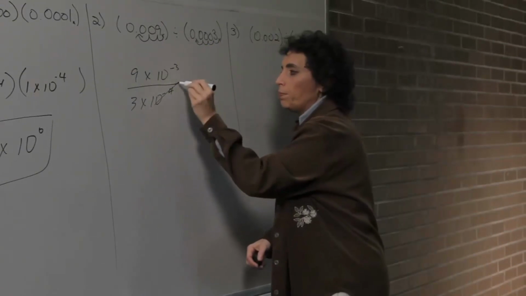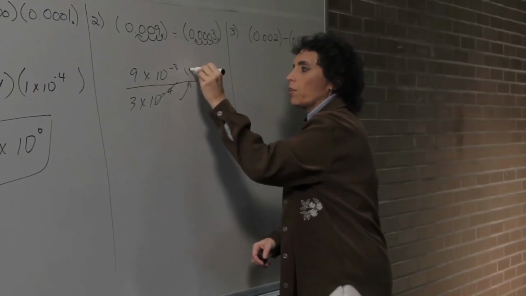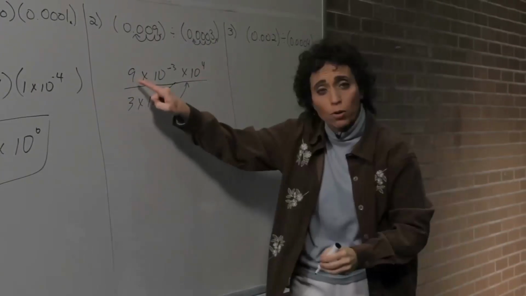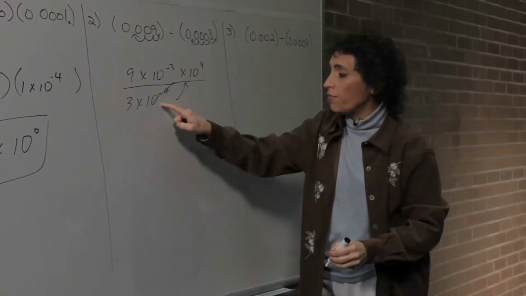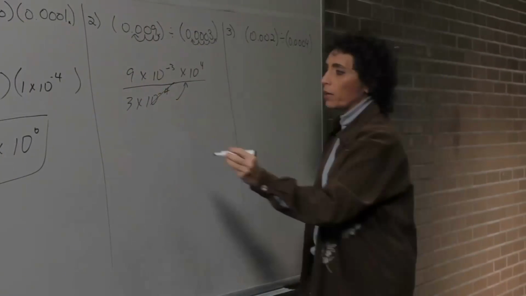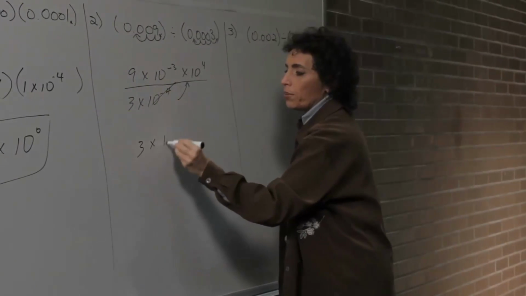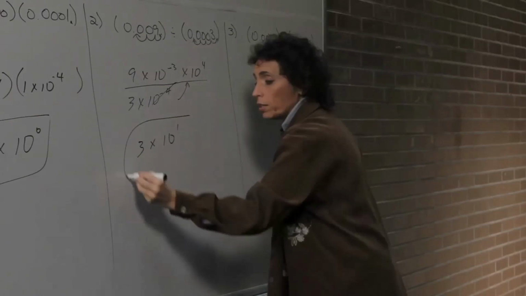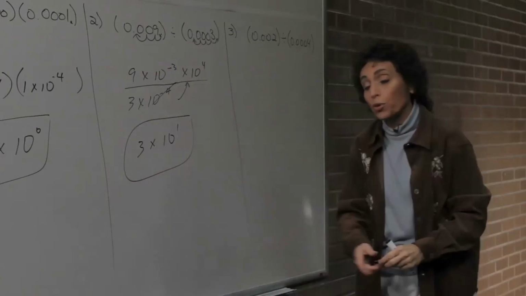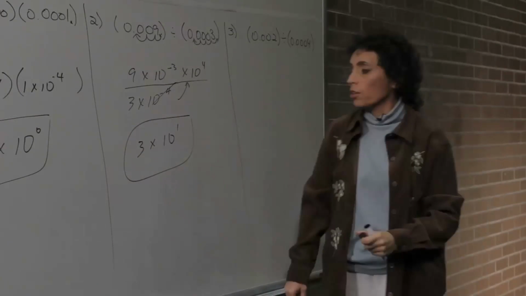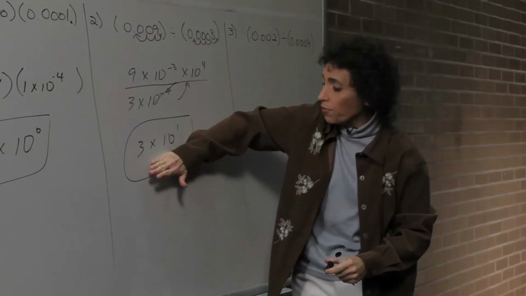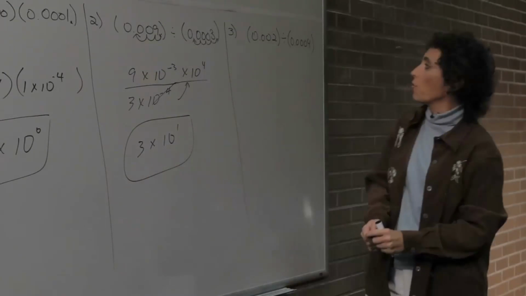Now I'm going to bring this up, because that's my method, right? Times 10 to the 4th. Cross the line, change the sign. You're not bringing the number up, you're just bringing the factor of 10 up. 9 divided by 3 is 3. 3 times 10 to the, I owe you 3, I have 4, so I have 1. So the answer there is really just 30, because 10 to the 1st is 10. 3 times 10 is 30. So in scientific notation, it's 3 times 10 to the 1st. In standard form, it's 30.